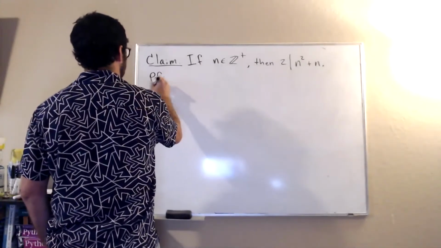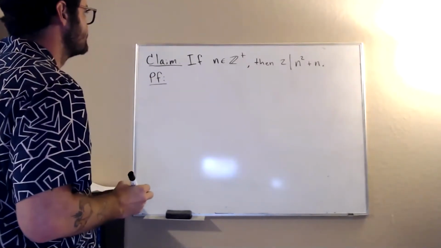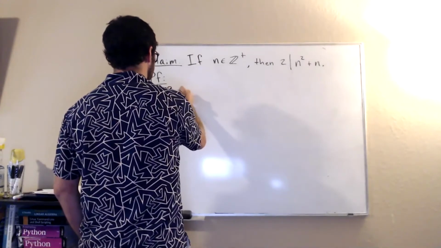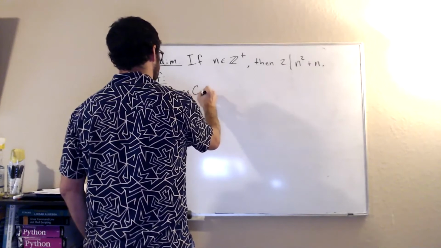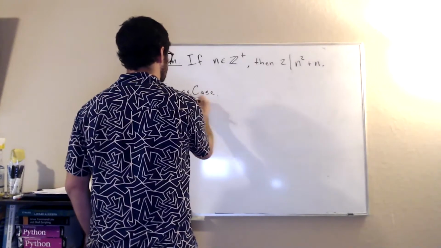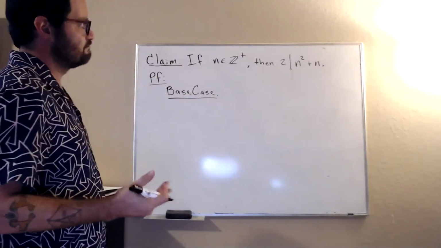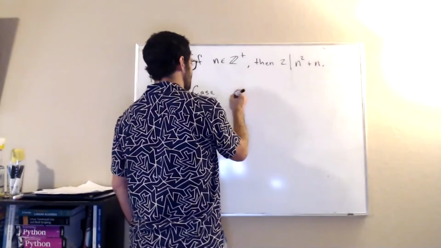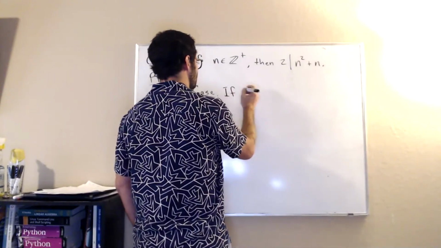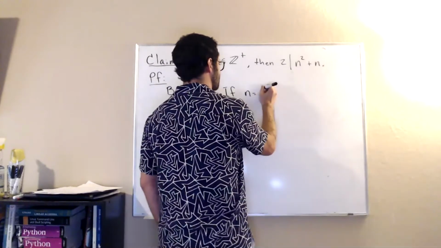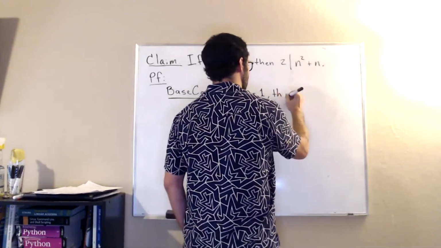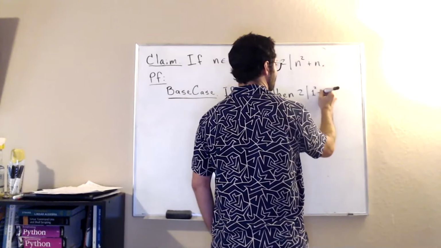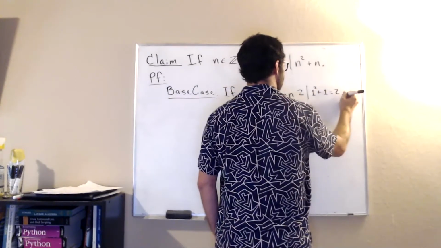So proof. We're going to say maybe our base case. So our base case would be we take the first positive integer. So if n is equal to 1, then 2 does divide 1 squared plus 1 because it's equal to 2.